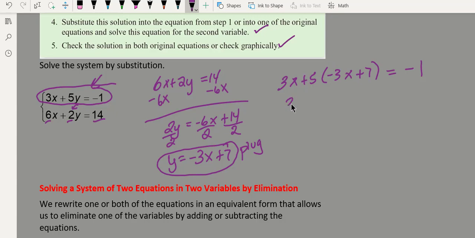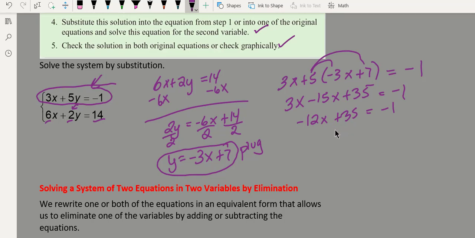So this will be 3x minus 15x plus 35 equals negative 1. We combine our like terms, so 3 and 15 make negative 12x, plus 35 equals negative 1.